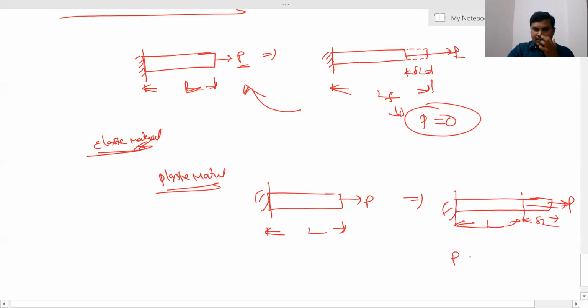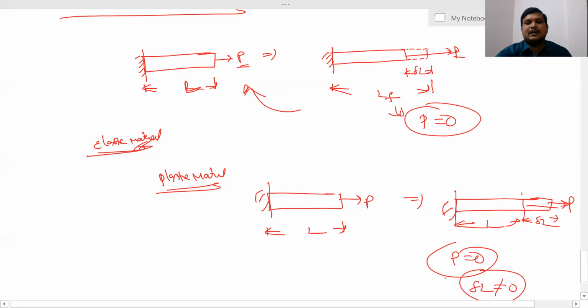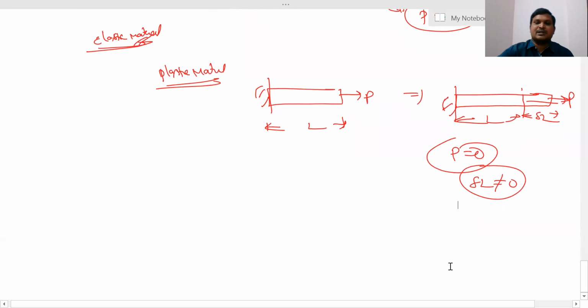If you remove the load, delta L does not equal 0. This means it does not come back to the original position. The deformation stays even after removing the load. That material is called plastic material. Is it clear?